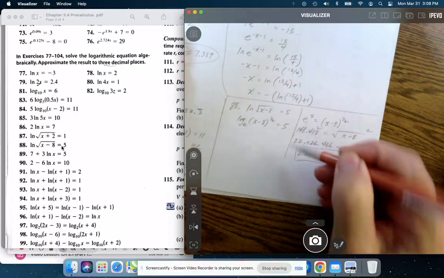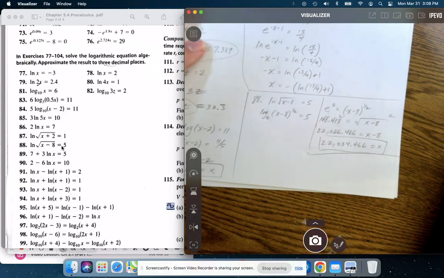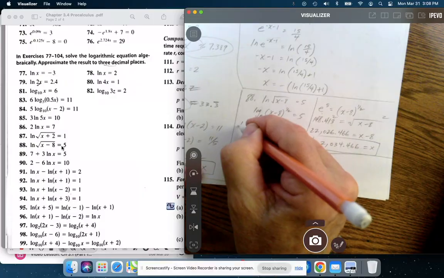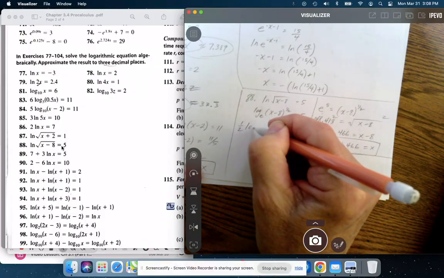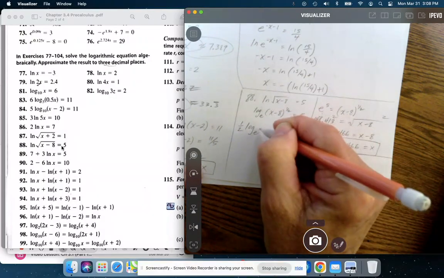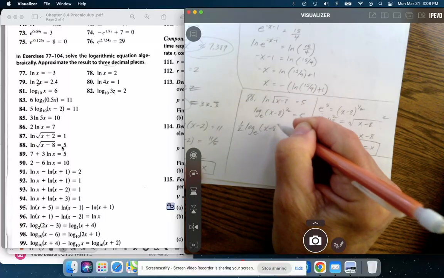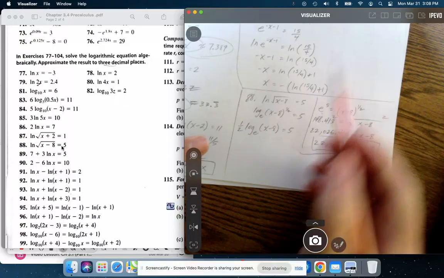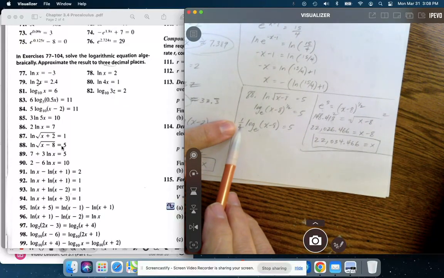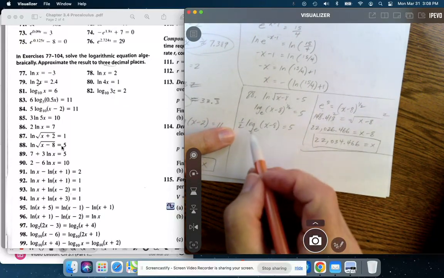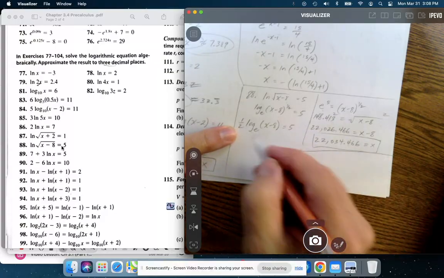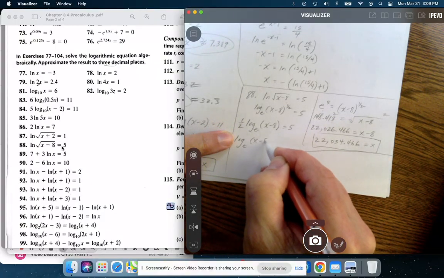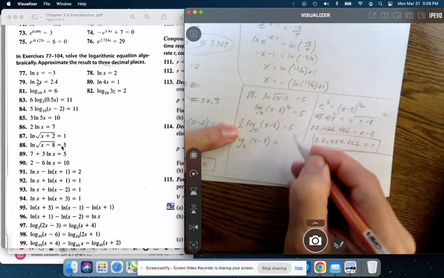All right, so that's one way to go. Let me see how else I could do it. I'm thinking about bringing this 1/2 out front. So 1/2 log base e of x minus 8 equals 5. To get rid of the 1/2, multiply both sides by 2, right? So I get log base e of x minus 8 equals 10.